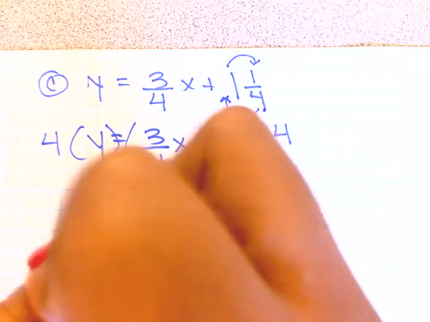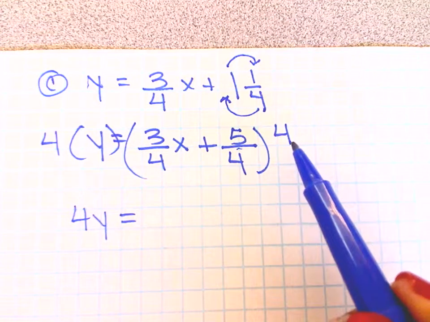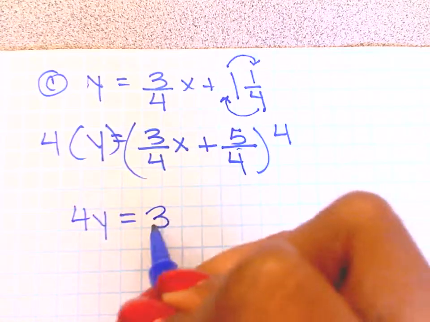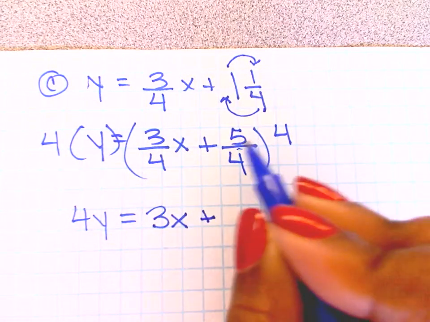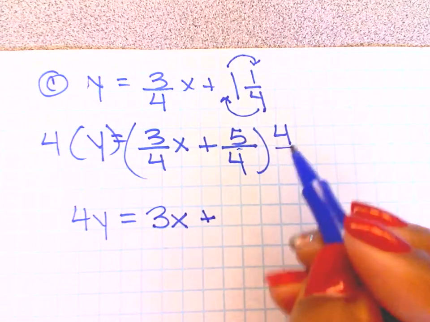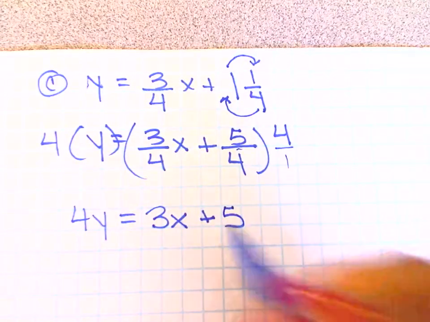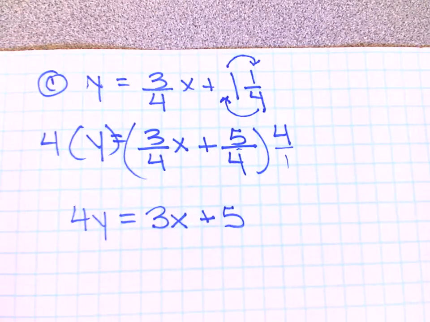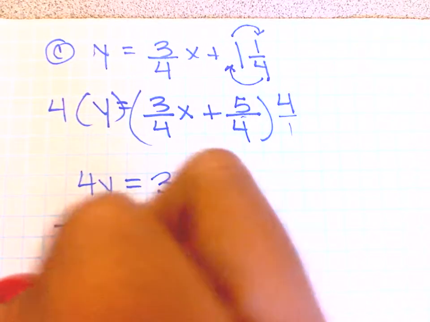So I'm left with 4y equals 3 over 4 times 4 is 3. Bring down my x. Plus 5 over 4 times 4, again, it's like multiplying by 4 over 1, is 5. Almost there. To get it into standard form, I need to get x and y on the same side. Subtract 3x from both sides.